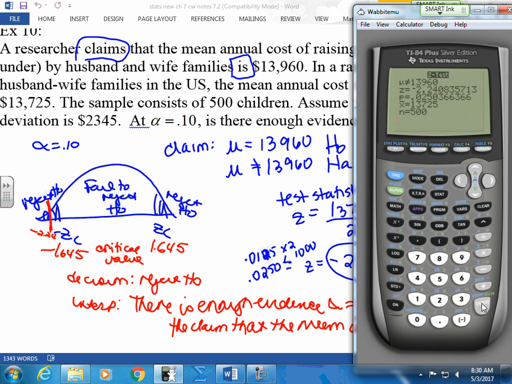It gives me my test statistic, this guy. It gives me my p-val, this one, that we found ourselves. But it doesn't give me my critical value. That's the only difference. You have to find the critical value, and you have to test it. But it pretty much gives you everything you need to know. So I bypass all this business in here. I still do have to lay out those things.